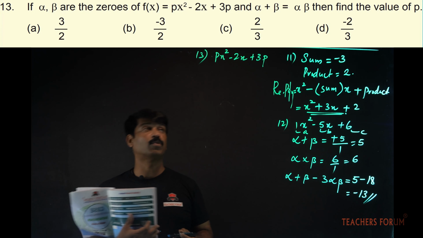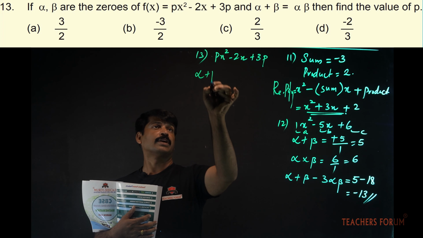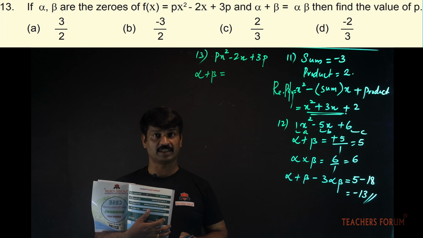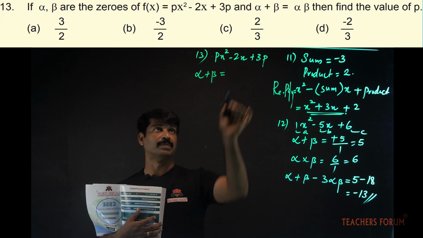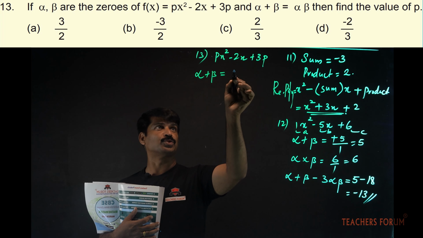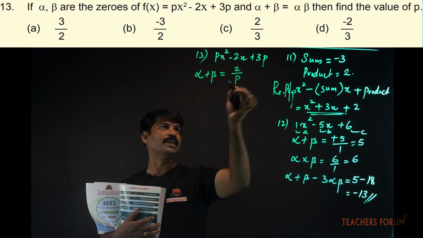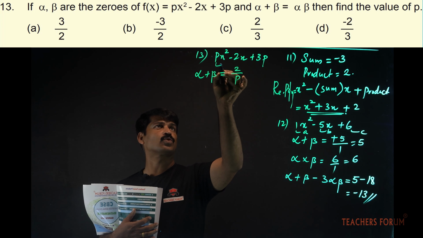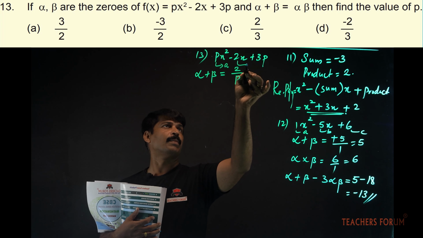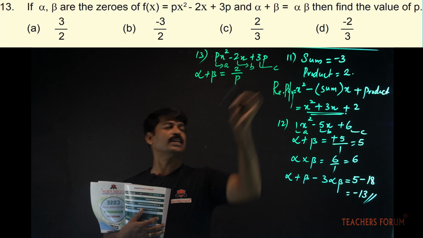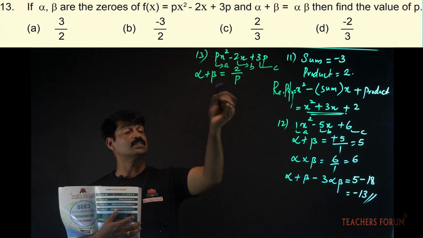You are given a quadratic polynomial. You can find out what is alpha plus beta first. What is alpha plus beta? Minus b by a, minus of minus 2, that is 2 by p. You know what is a? Coefficient of x square. So p is a, minus 2 is b, 3p is c. Just substitute. So alpha plus beta is 2 by p.